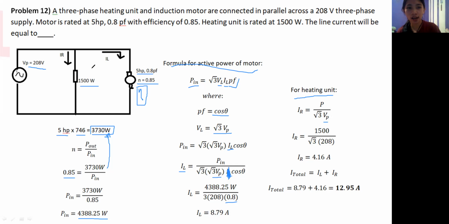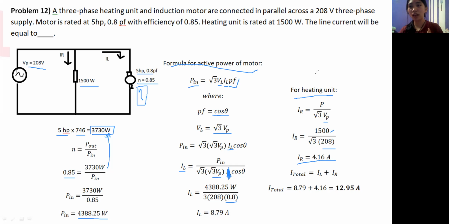We are given the heating unit power, which is equal to 1,500 watts. Plugging it in, we have 1,500 over the square root of 3 times Vp, where Vp is just equal to 208. Then the current of the heating unit is just equal to 4.18 amperes.